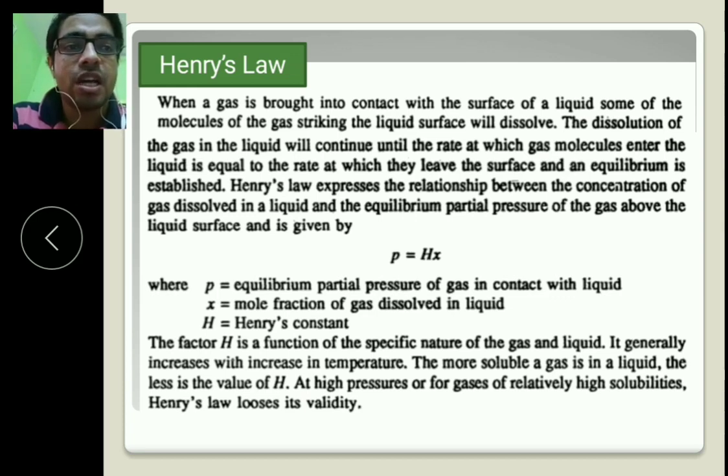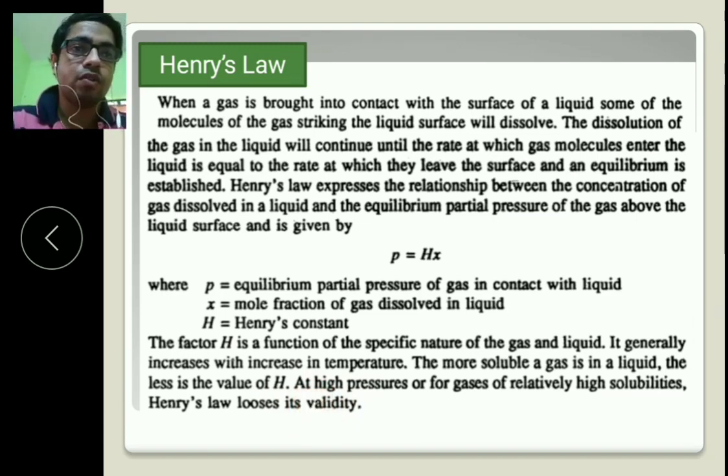At high pressure or for gas of relatively high solubility, Henry's law loses its validity. So in these two cases, at high pressure and high solubility of gas, Henry's law is not valid, right?